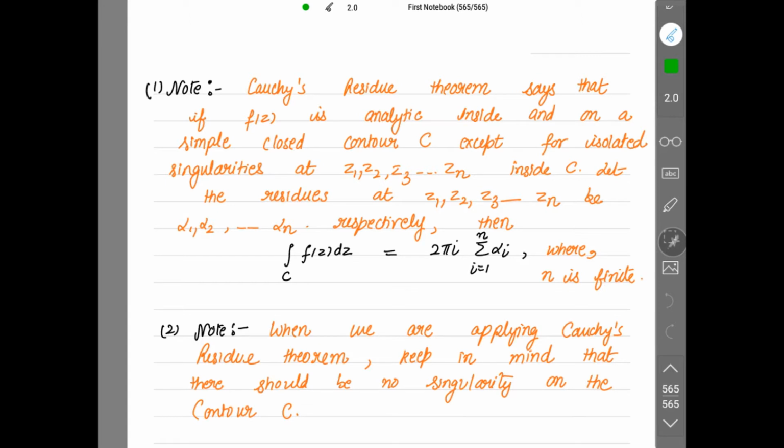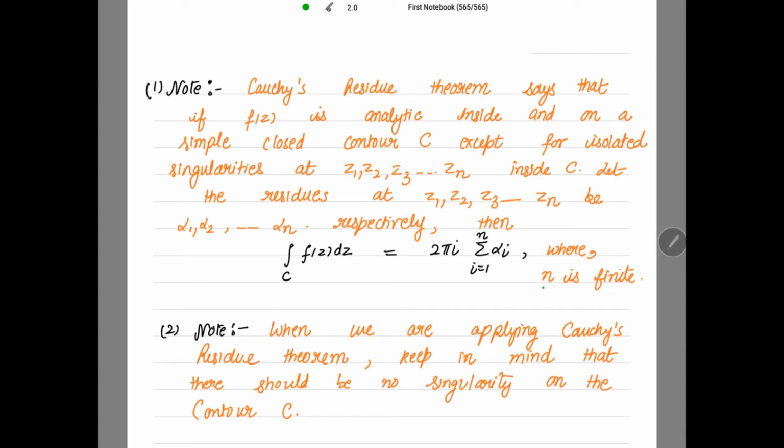Next. There are two notes over here. Cauchy's residue theorem says that if f(z) is analytic inside and on a simple closed contour C, except for isolated singularities at z1, z2, z3 up to zn inside C, let the residues at z1, z2, z3, zn be alpha 1, alpha 2 up to alpha n respectively, then the integration over C of f(z) dz is equal to 2 pi i times the sum of the residues, where n is finite.